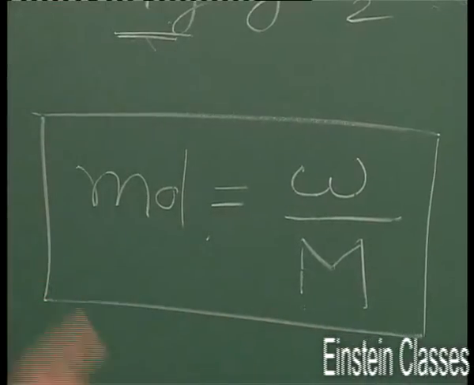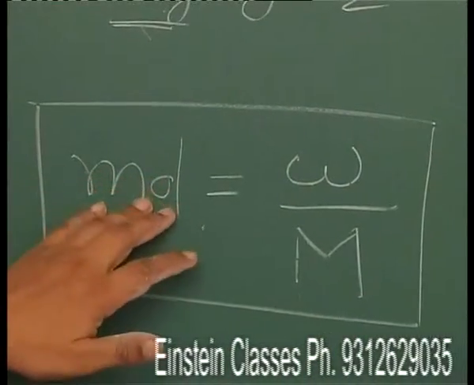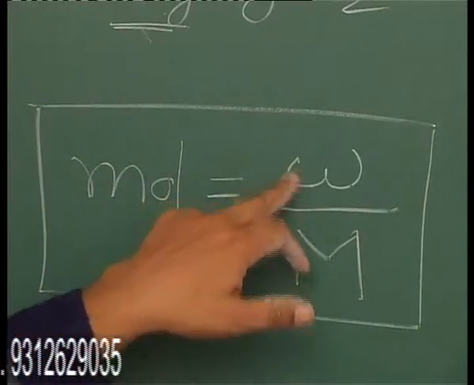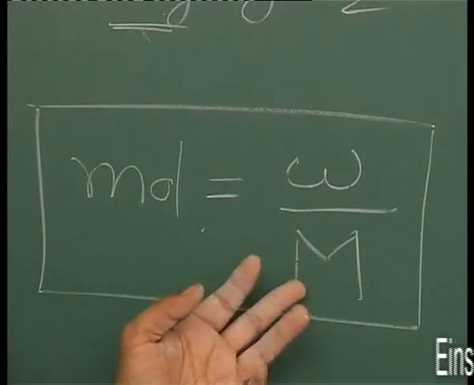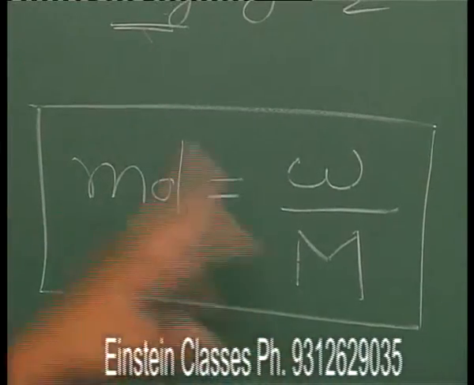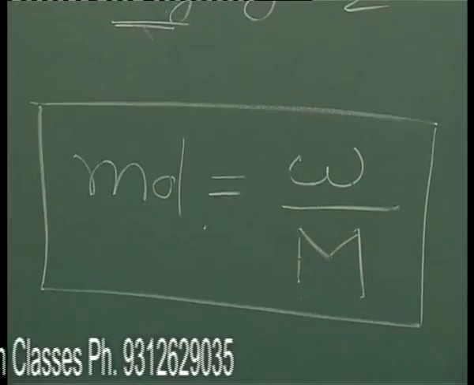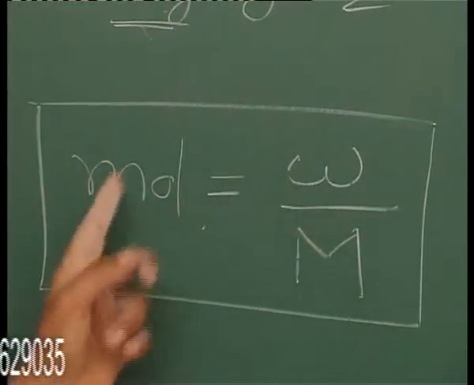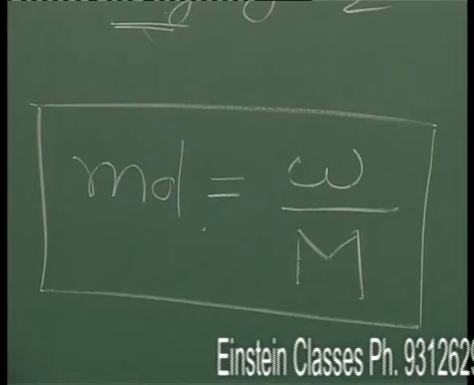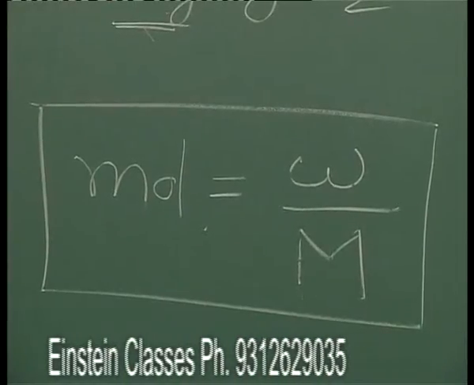The number is the same, 6 into 10 raised to power 23, but molar mass is going to be different for different substances. In this relation there are 3 variables. For different substances molar mass would change, but for the same substance molar mass will not change. If we change its W or mole, the molar mass for the same substance remains the same.